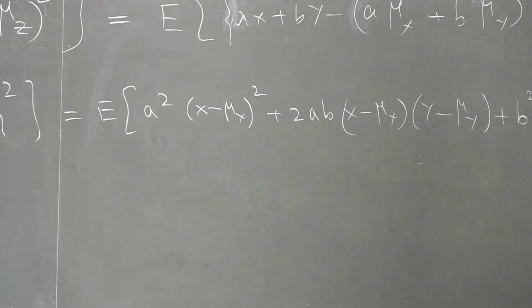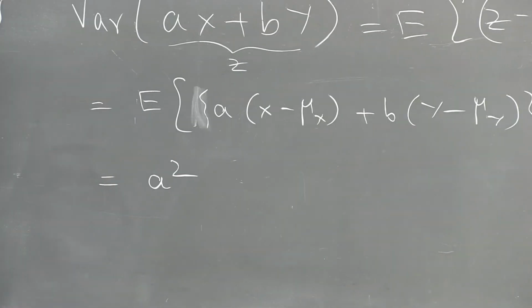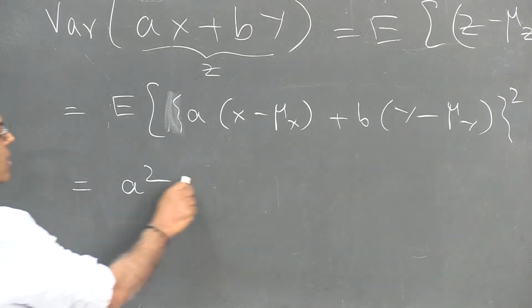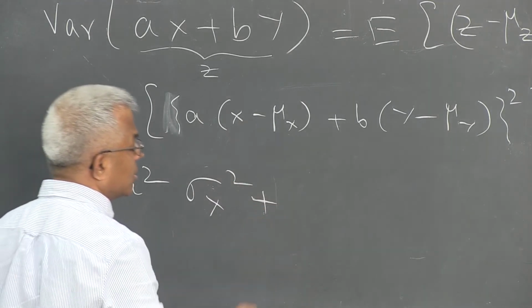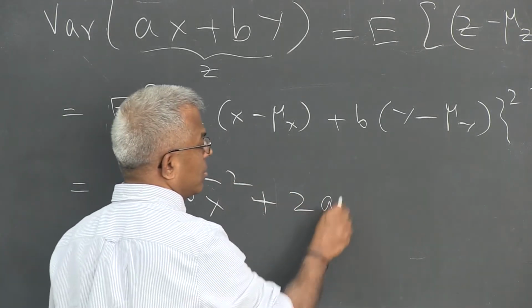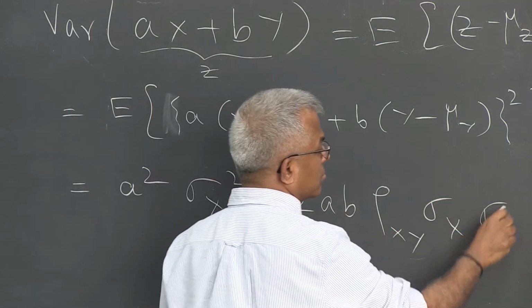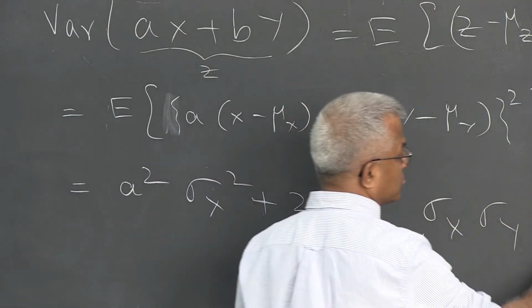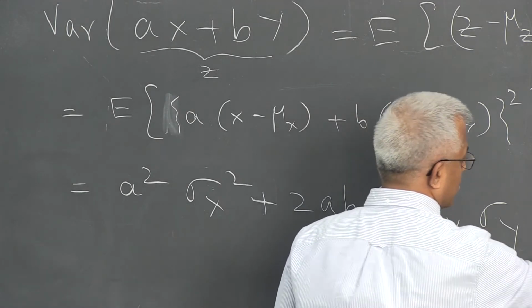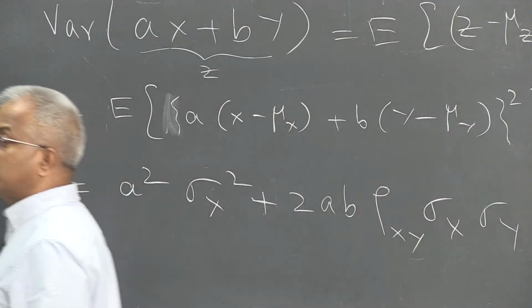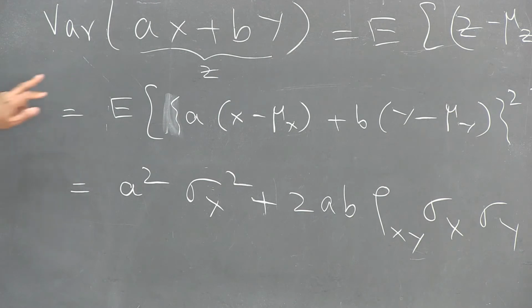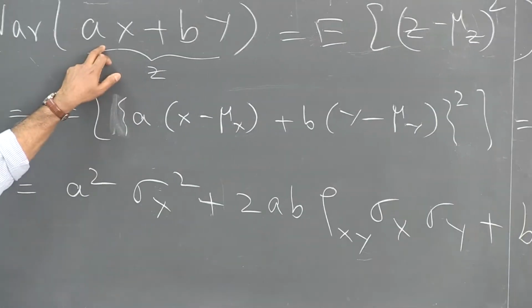What is the first term you get? A squared is a constant. So a squared sigma x squared plus... All right, so this should be clear to you.